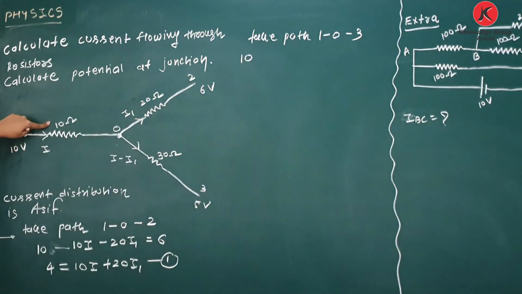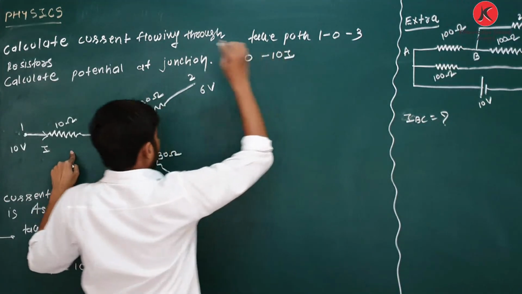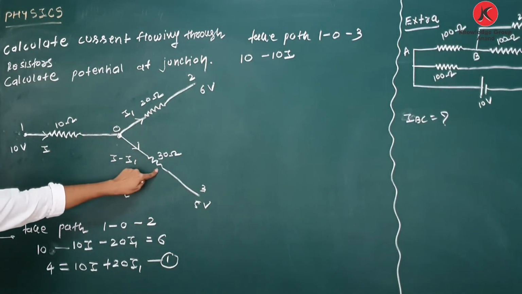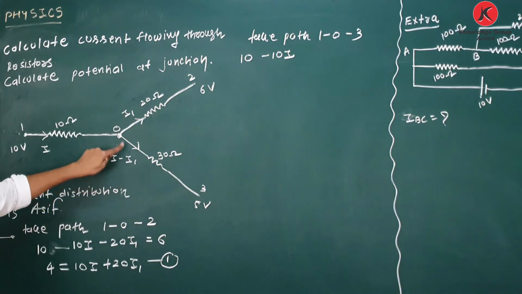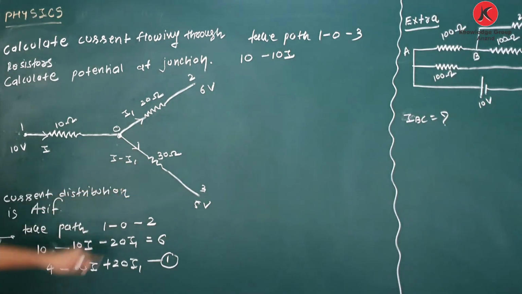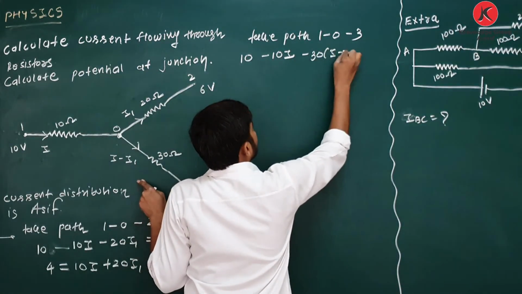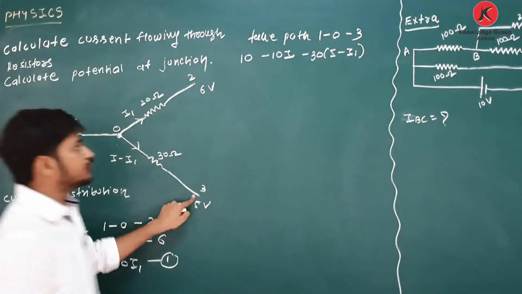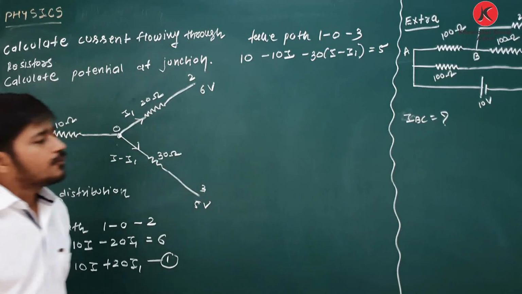First resistance 10 ohm, current flowing through it is I. We are moving in the direction of current, so it is minus 10I. Then in this direction, resistance 30 ohm, current I minus I1. We are moving in the direction of current, so it is a negative sign, minus 30 (I minus I1). Then at this point 3, the potential is 5, so you have to write equal to 5.